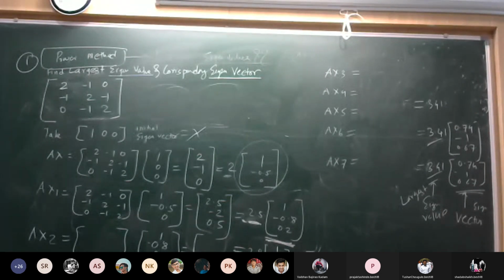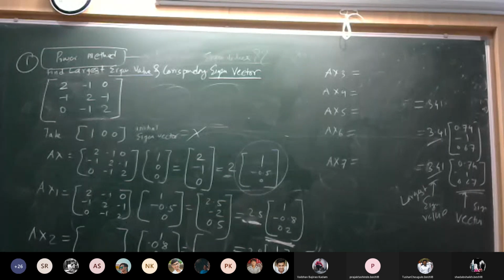Simple technique. It is asked frequently. These problems are asked frequently. You only have to do the calculation. People forget the multiplication of A into x, A into x, A into x, and when the value comes the same as the earlier iteration, then we have to stop. Whatever the iteration currently is, if the iterations are the same, then we have to stop.